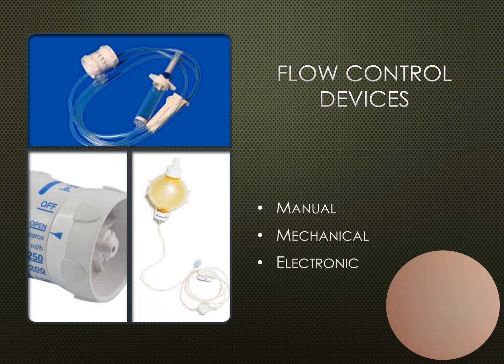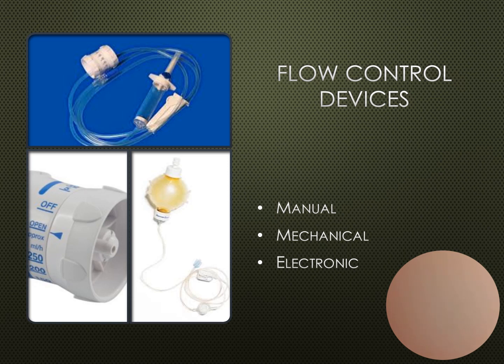Factors that will affect flow rates will include the height of the solution container from the IV access device, the amount of fluid that's in the container, the viscosity of the solution, in other words, how thick is it, and client movement or position. A time tape is going to help the nurse know at a glance if the infusion rate is accurate.